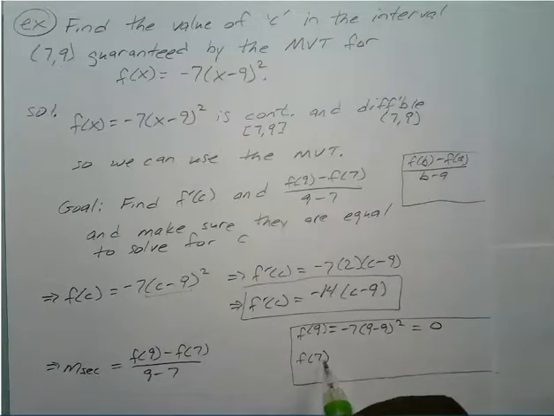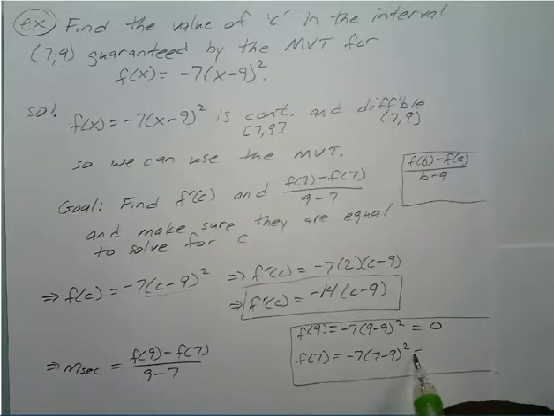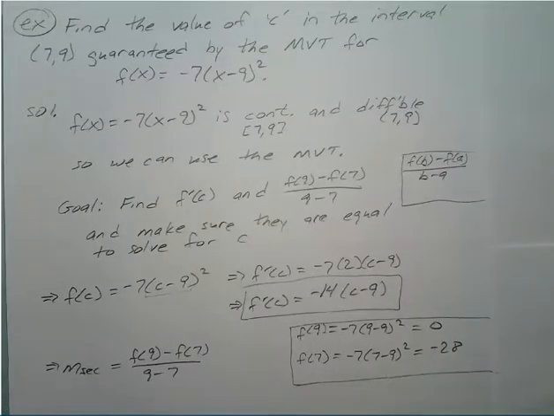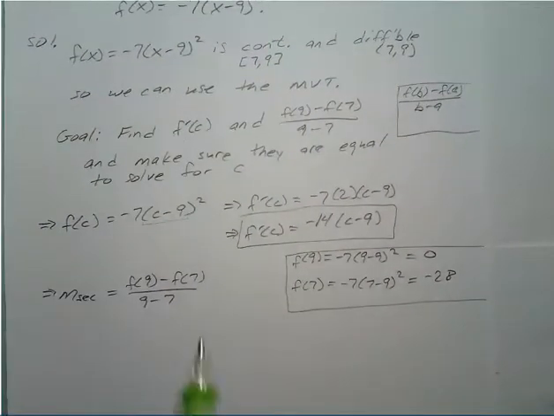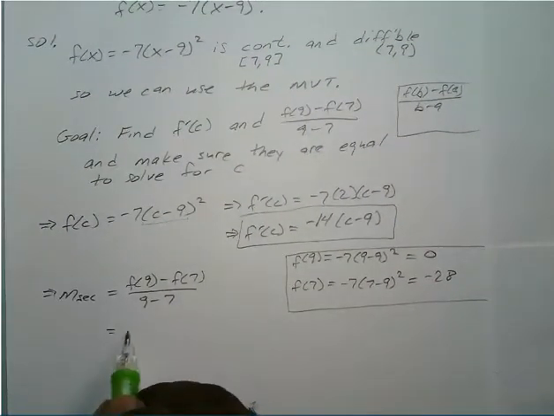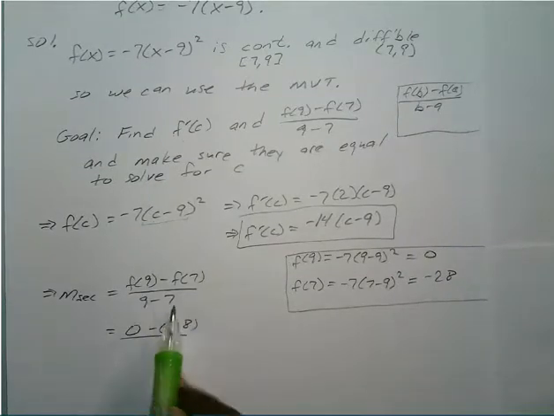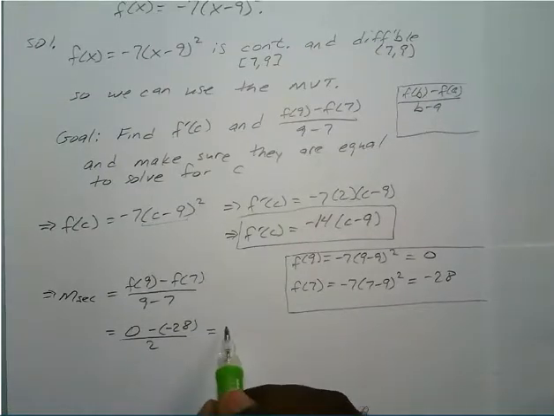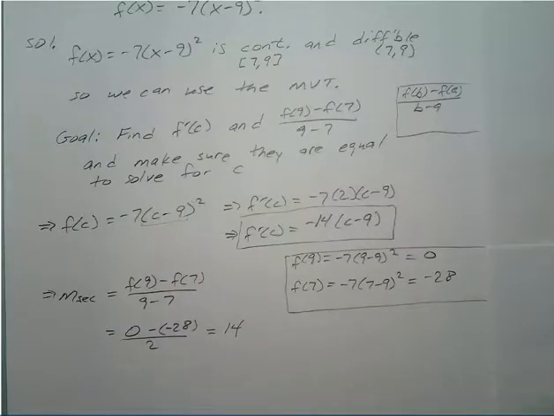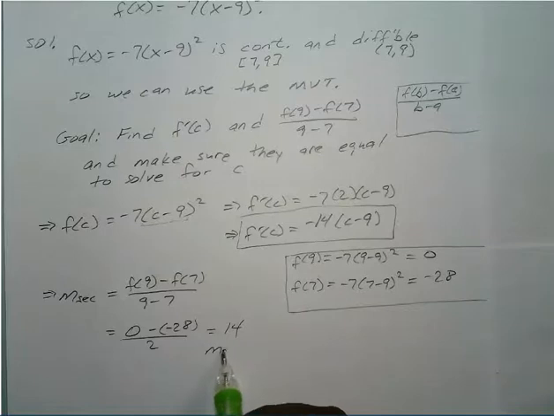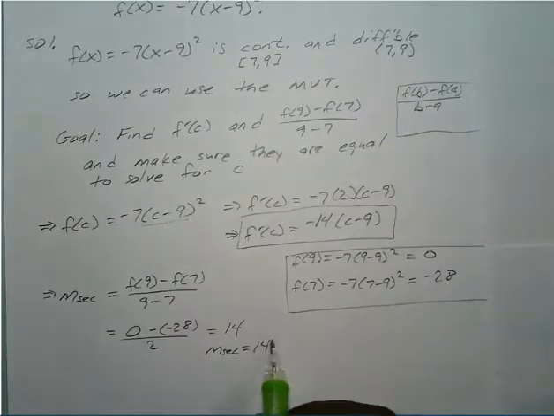And f of 7 is equal to -7 times 7 minus 9 squared, which is -28. Okay, so if we plug those in, it's going to equal 0 minus -28 over 9 minus 7, which is 2. So that is going to equal 14. So your slope of the secant line equals 14.